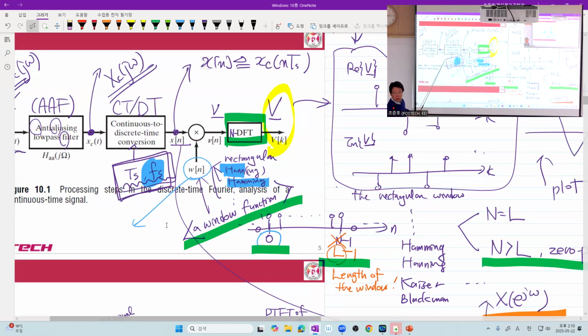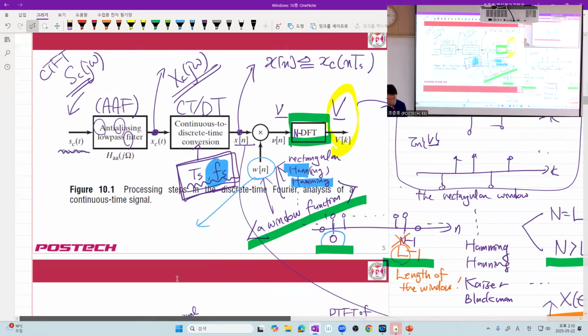Got it? So today you will see many figures with slightly different choices of the parameters. But if they have the same sampling frequency, then from your original continuous time signal to the discrete time signal or vector to be transformed, they all satisfy that relation.